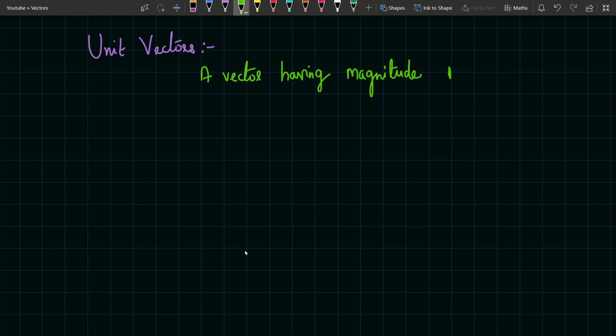How does a vector become a unit vector, or how do I produce a unit vector if I know a general vector? For example, let us have a vector called a, and I'm telling you that the magnitude of vector a, that is a, equals 5. Imagine that this arrow's length is 5 units.